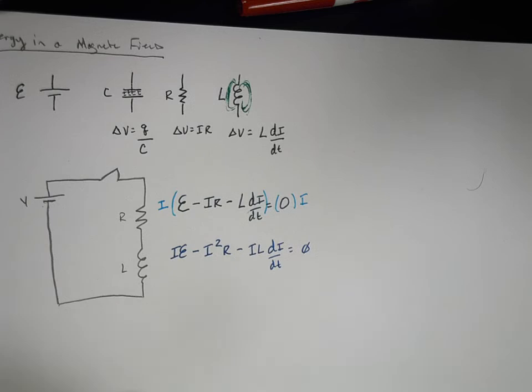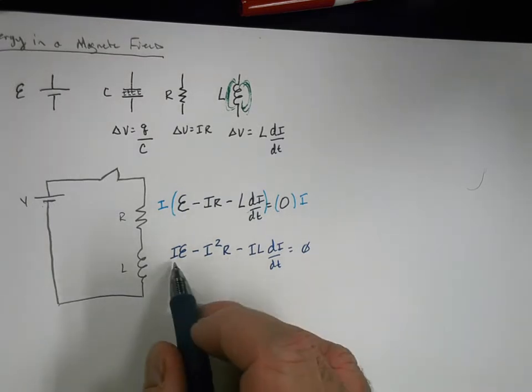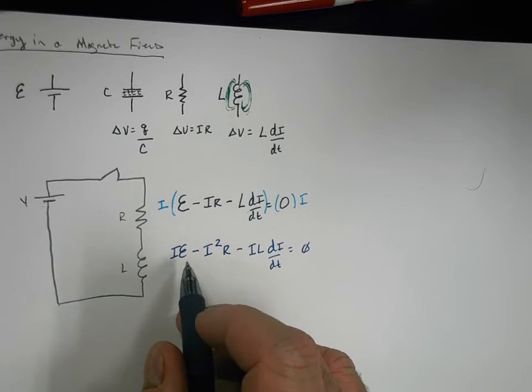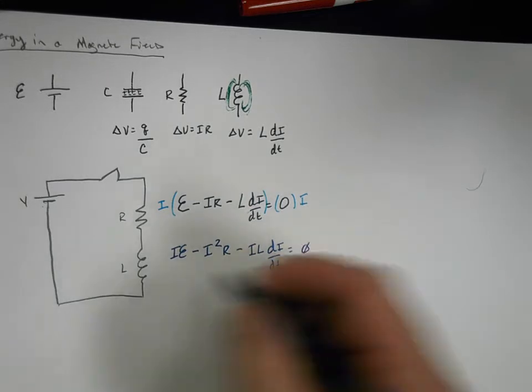You guys might see from this I squared R, or I times V, these are all terms of power. All of these produce a joule per second as their final unit. Well, what is this telling us?